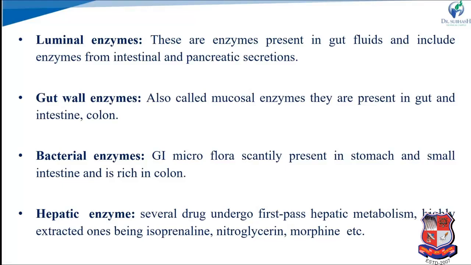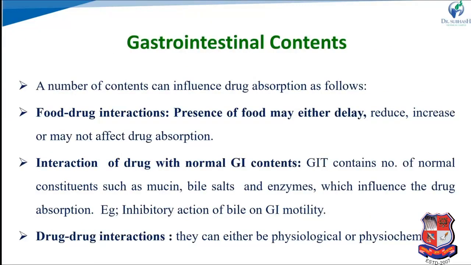Hepatic enzymes: several drugs undergo first pass metabolism by hepatic enzymes, such as cytochrome P450, by which major drugs are metabolized. That also affects the rate of absorption of a particular drug.